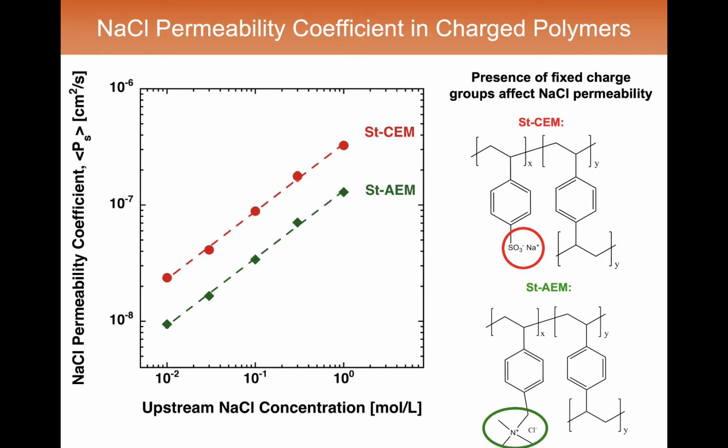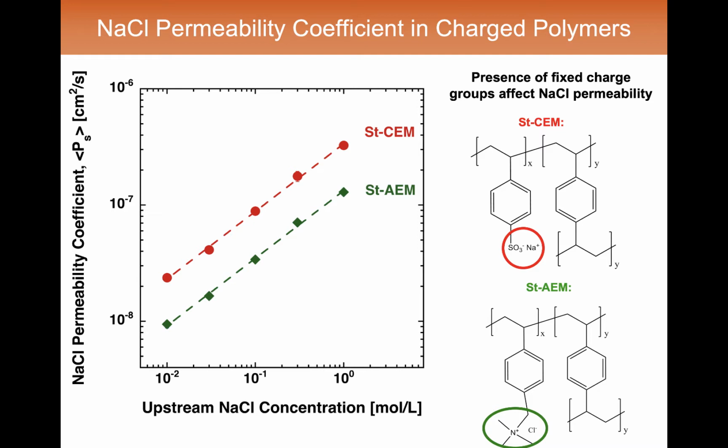And in fact, that's what you see with these types of membranes. And the membranes that are actually used in that application have less charge on them, and as a result of that, these curves of permeability versus upstream salt concentration are much flatter. It's much less sensitive to salt concentration.